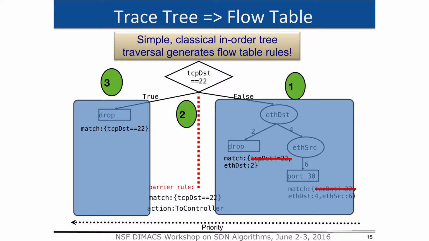In these examples, for the two flow rules on the false branch, we can assign flow priority 1, for the barrier rule the priority could be 2, and for the true branch, the flow rule priority will be 3. So using a simple, very classic in-order tree traversal starting from the false branch of the trace tree, we can generate the flow rule table very efficiently.